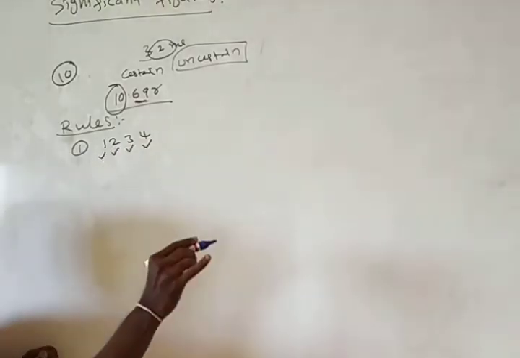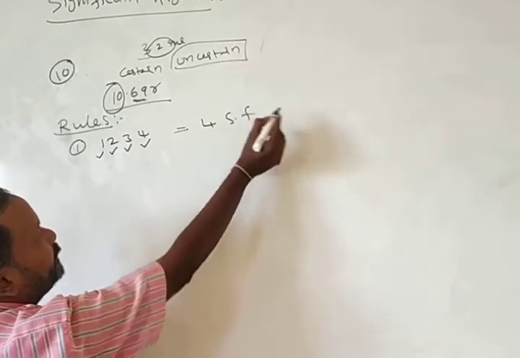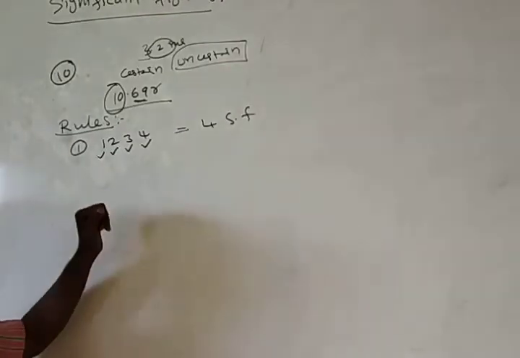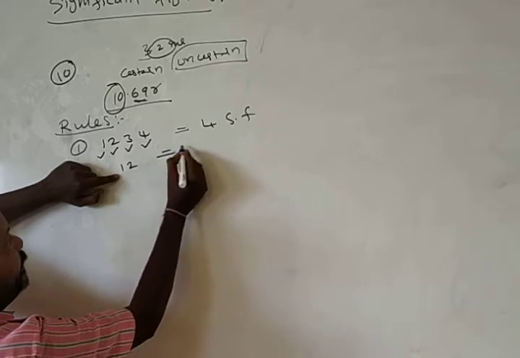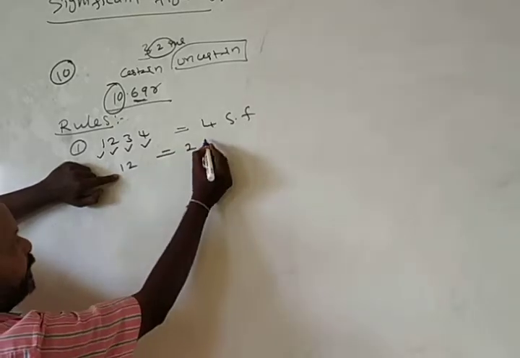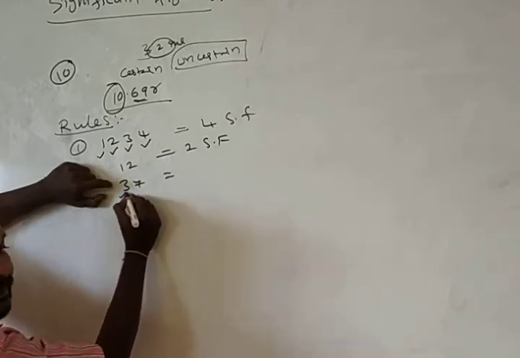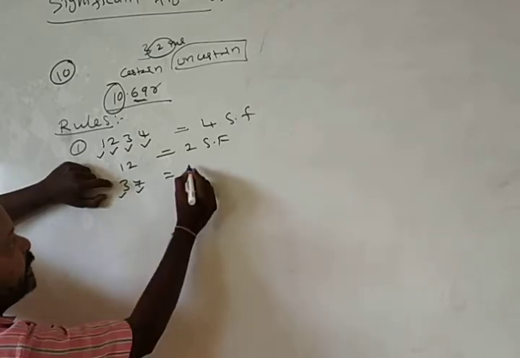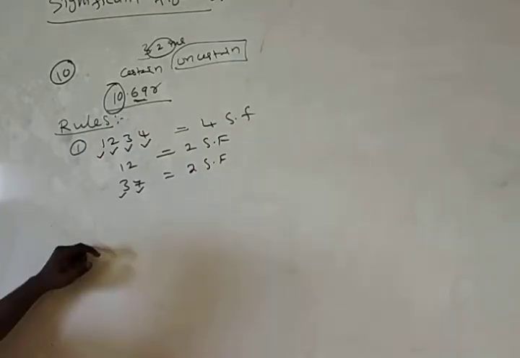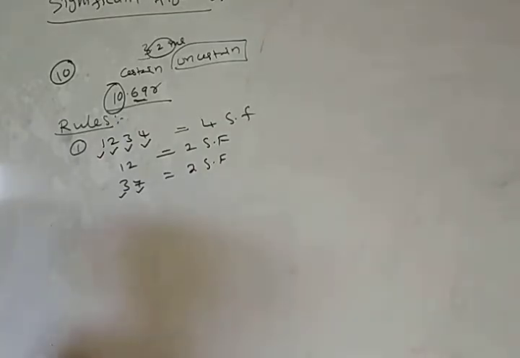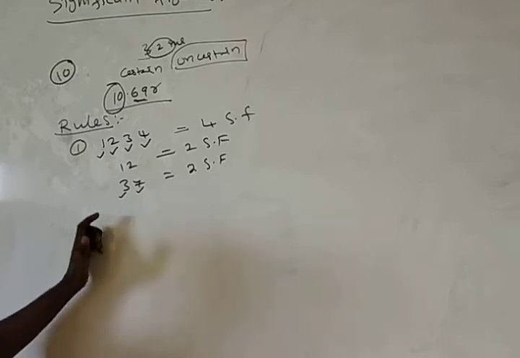How many digits with certain value are there? 4. So this contains 4 significant figures. If 1, 2 is there, how many significant figures? 2. If 3, 7 is there, both have certain value, so it also contains 2 significant figures. What is the first rule? All non-zero digits are significant.